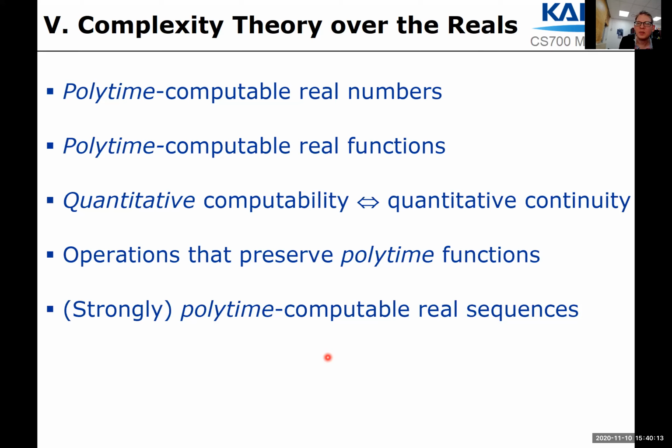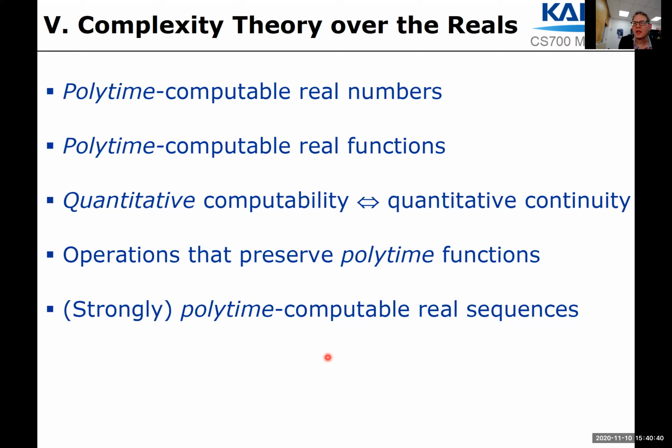Before returning to that, we looked at the computational complexity of polynomial time computable real sequences and strongly polynomial time computable real sequences. And as you recall, the difference here was whether the sequence index enters in binary, with its length, into the running time, or enters in unary, with its value in the polynomial runtime bound.